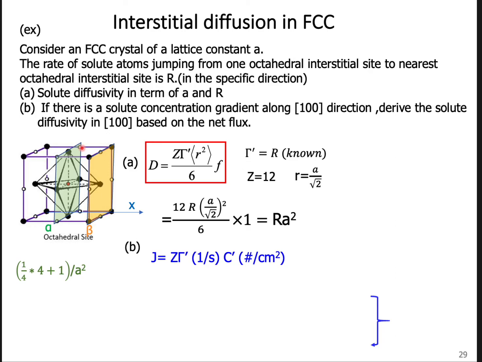So you got 1, 2, 3, and 4. So for these interstitials, there are 4 possible directions.